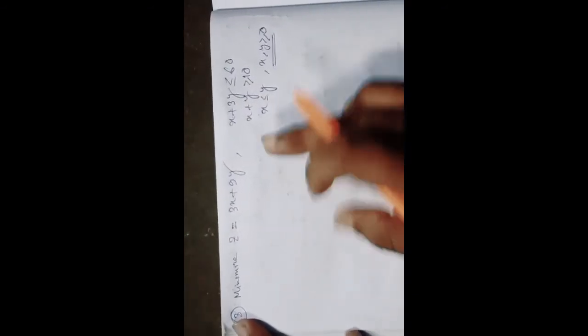Actually, for solving this properly we need graph paper, but I am giving you a rough idea so that you will understand. Now it is subject to the constraints that are given here.